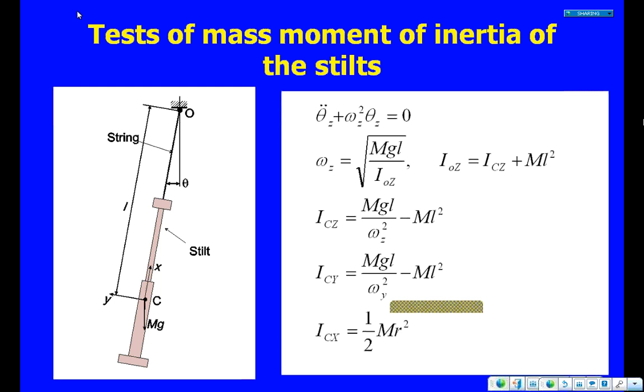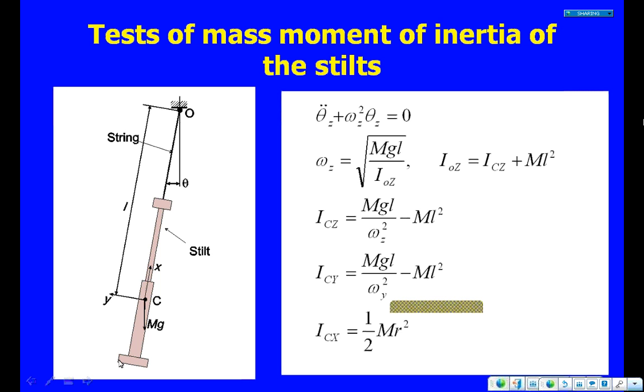Once C is determined, you put a very thin string and fix the point. Then initially put it at a small angle. Then the stilts begin to swing around this point. Then use the vibration equation, which is derived physically. The pendulum begins to swing and vibrate.